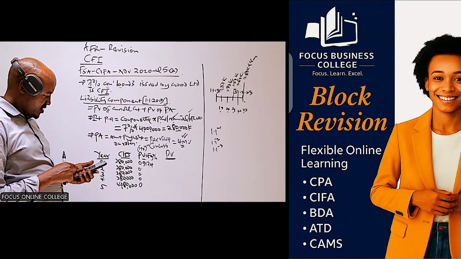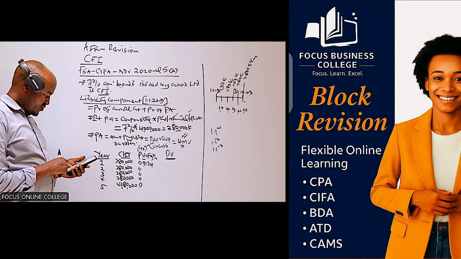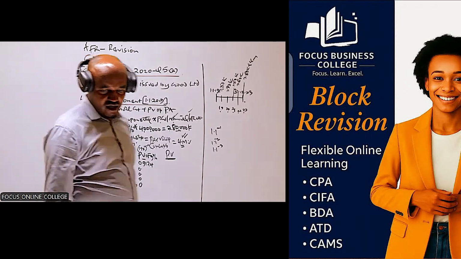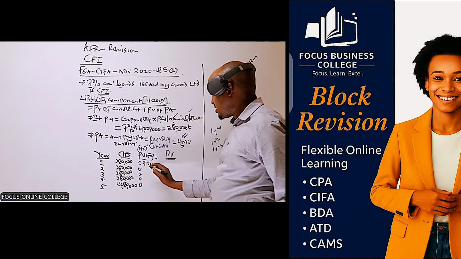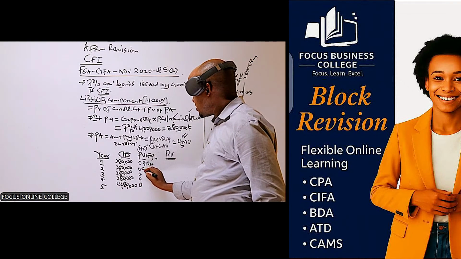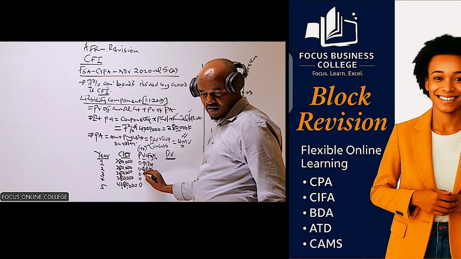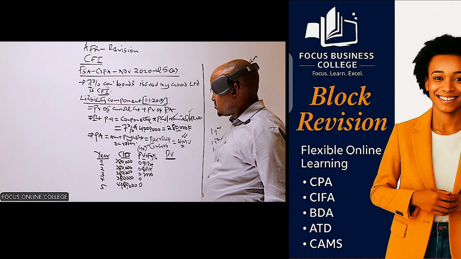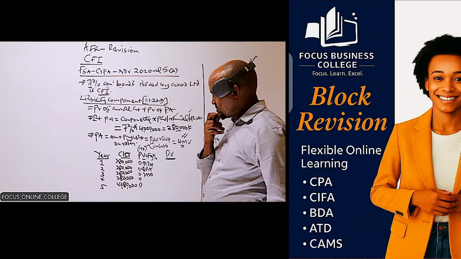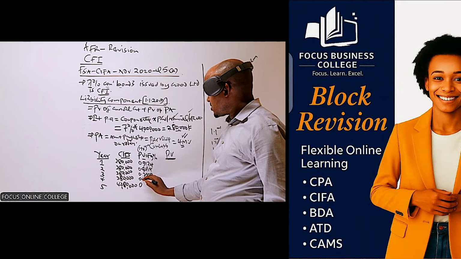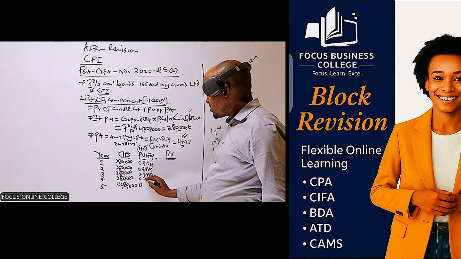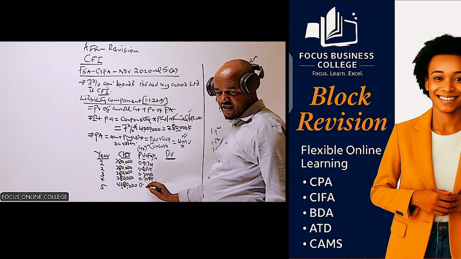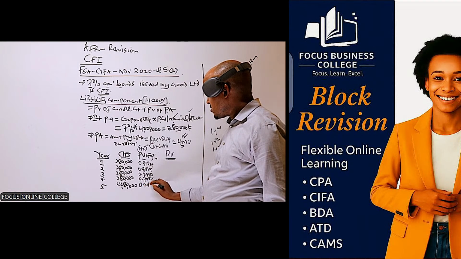I'm waiting for these present value interest factors. Year 2 is 0.8417, year 3 is 0.7722, year 4 is 0.7084, and year 5 is 0.6499.